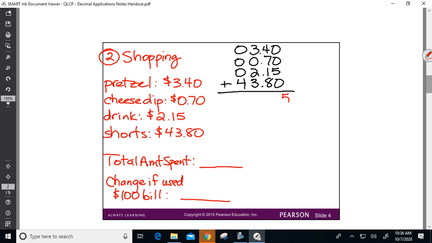We got 5, 4, 11, 12, 20, 2, 5, 7, 2, 5, 7, 10. You spent $50.05. So not bad for a visit to the mall.